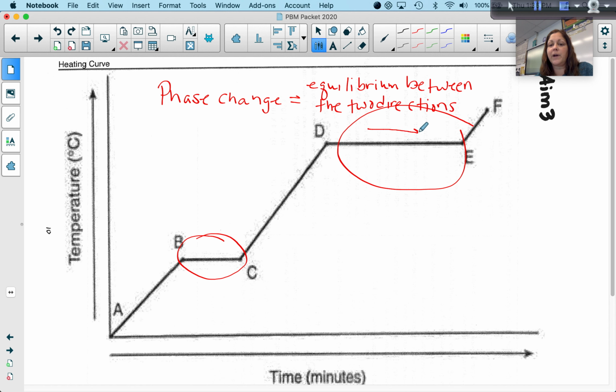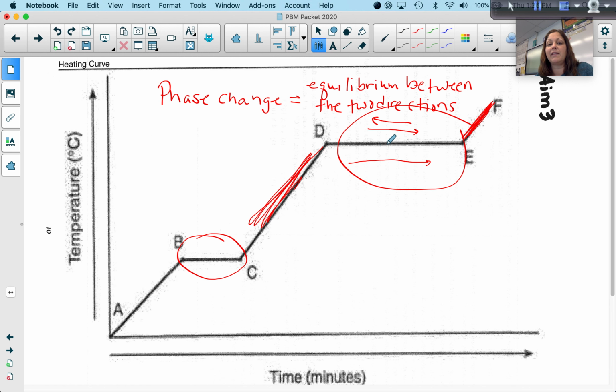So we are going in both directions when we're here, but we keep adding heat and adding heat so that we get closer to the other phase that's here. But there is always an equilibrium between the two phases on either side of the phase change.